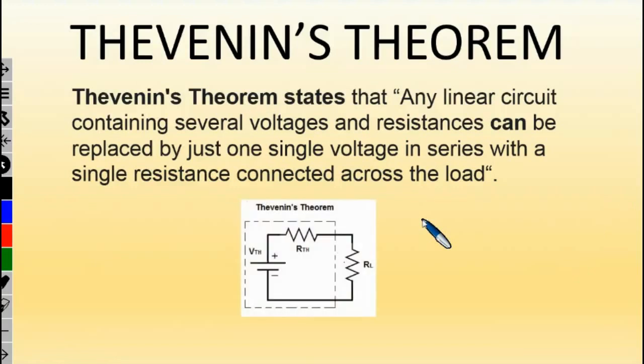So the whole circuit of any network can be replaced by a single voltage source, which is V Thevenin, and a single resistor, which is R Thevenin. However many voltage or current sources there are, they can be replaced by a single voltage source V Thevenin and the resistance R Thevenin, which is connected across the load.